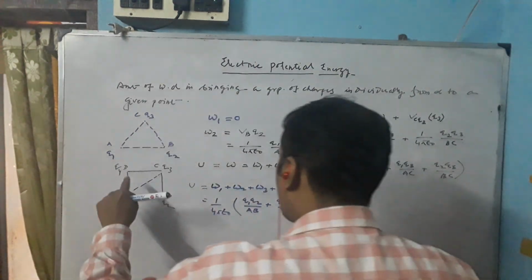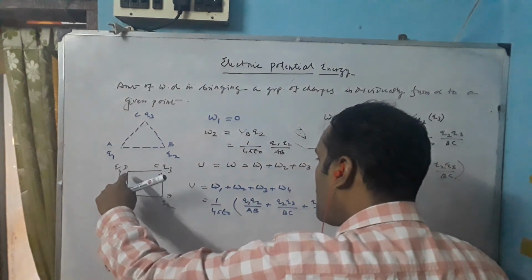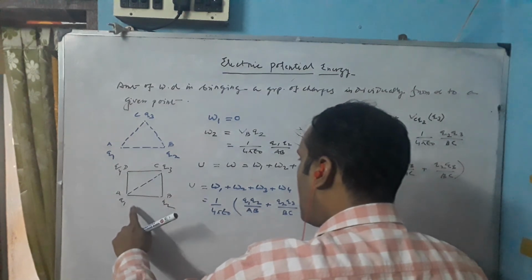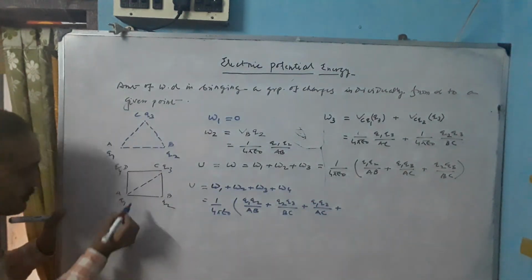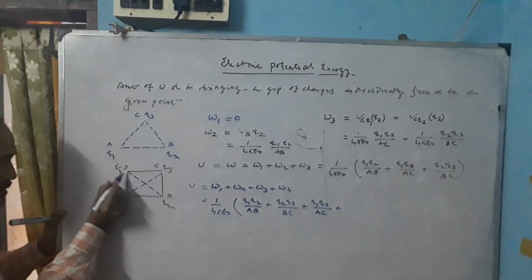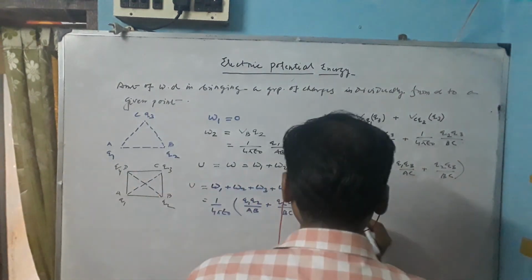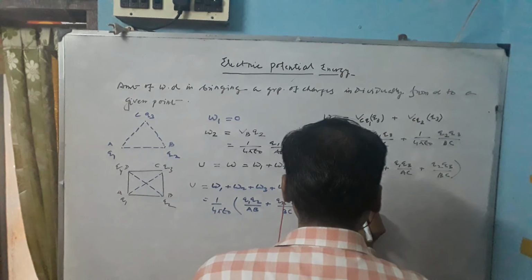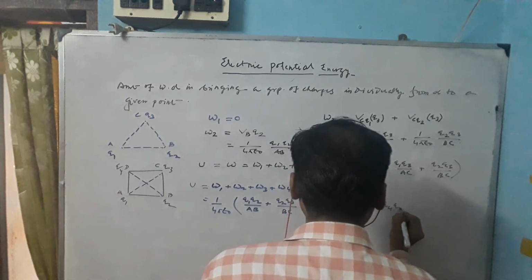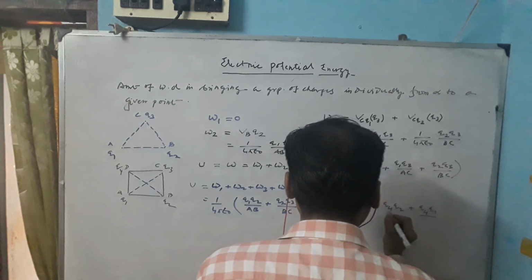Now for the fourth charge, we need to bring Q4. So in the vicinity of 4 we have this and this. That means I need this distance also. Let us take one by one: 4 with 3, plus 4 with 2, and then 4 with 1.